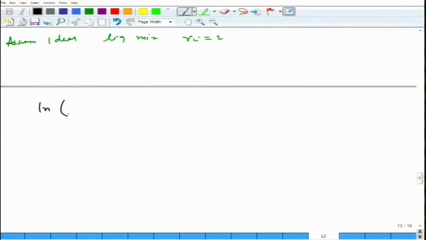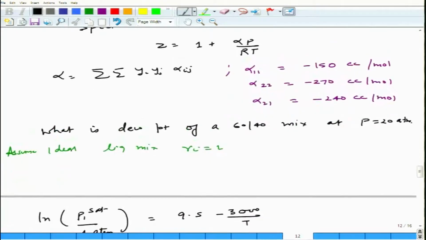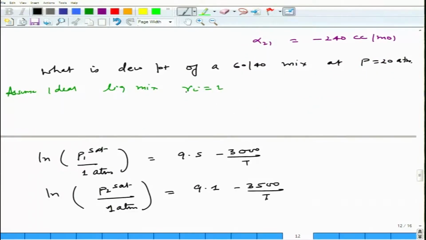What is this expression? It is the Antoine equation. All right, so the question is now well posed. Z is given, alphas are known, the 40-60 composition, gamma and all this information.